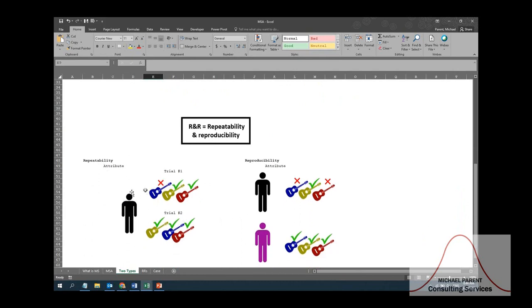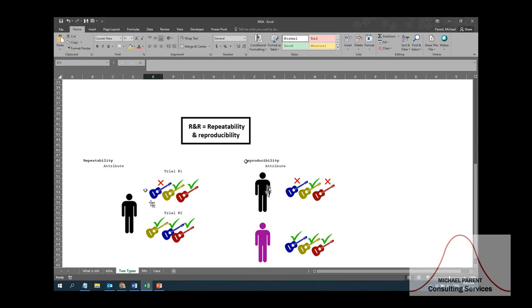Repeatability is agreement within operator. So if this operator looks at each guitar twice, is he agreeing with himself? And if not, there's some error there, because one time he's correct and one time he's incorrect. And then reproducibility. Is there agreement between operators?